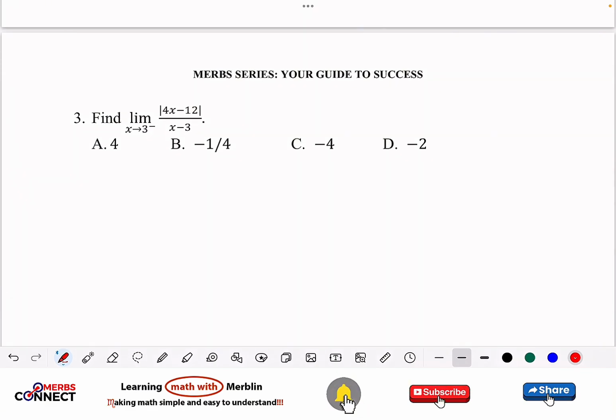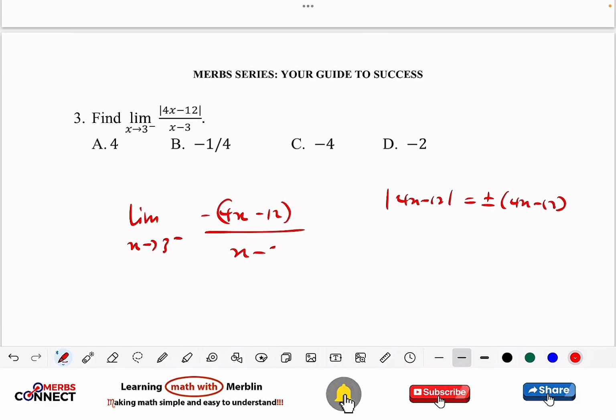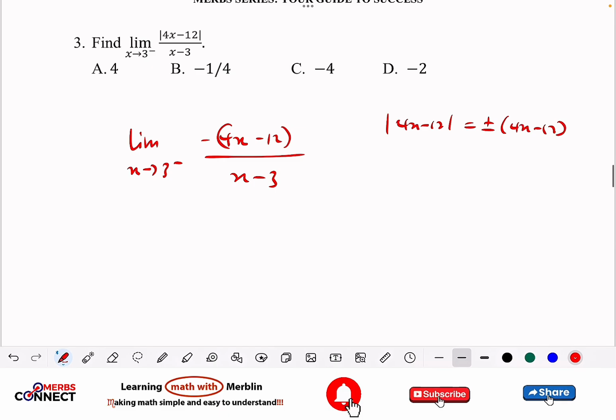Now let's look at 3. Same thing. Limit x is approaching 3 from the negative side. The top is the absolute value of 4x minus 12. This is the same as plus or minus 4x minus 12. So since this is minus, we are going to choose the minus aspect of this. So I'm going to have minus 4x minus 12 all divided by x minus 3. Now let's try and simplify.